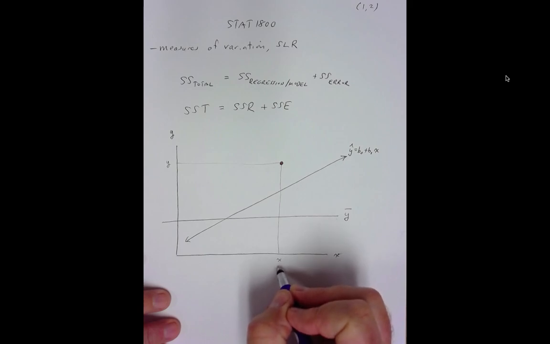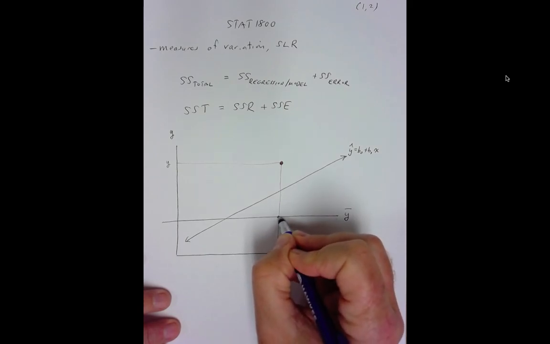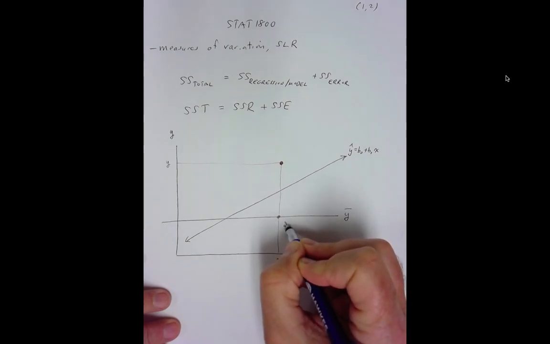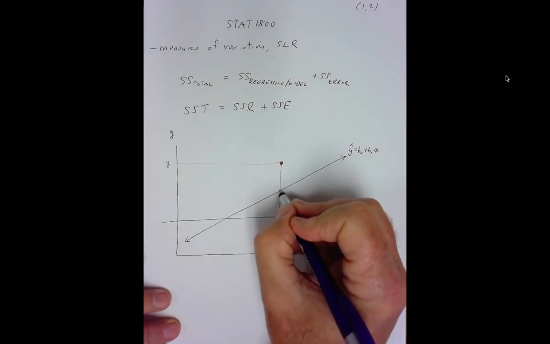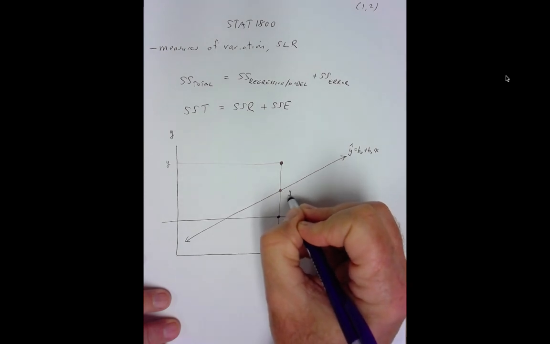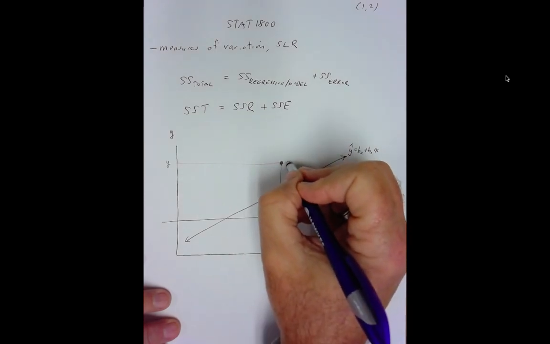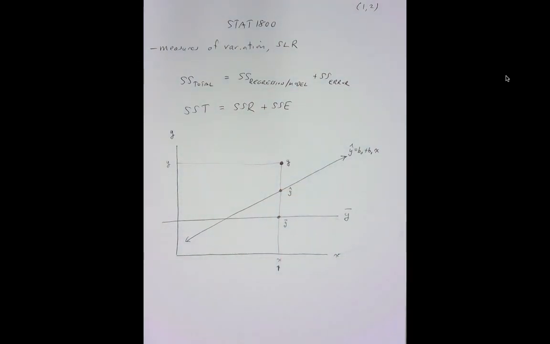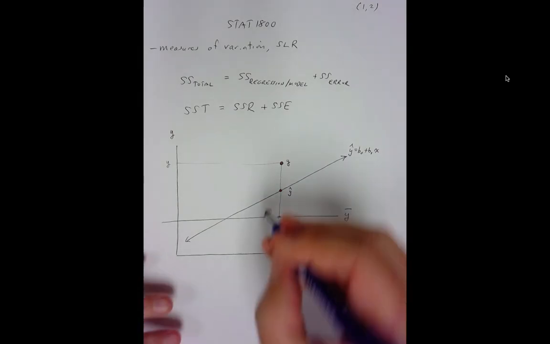So just focusing on this one x, what do we have? Well, right here, we have a value for the mean. Right here, we have a value for the predicted y. And right here, we have a value for the observed y.